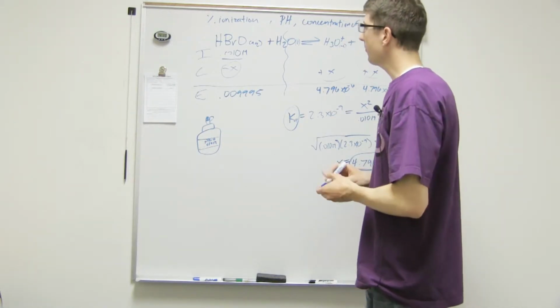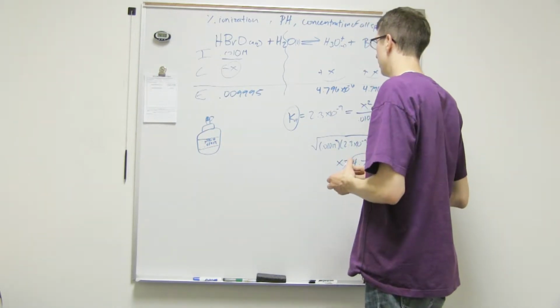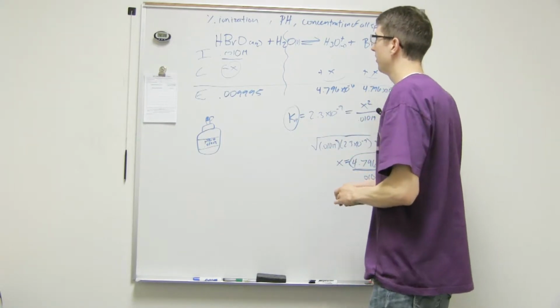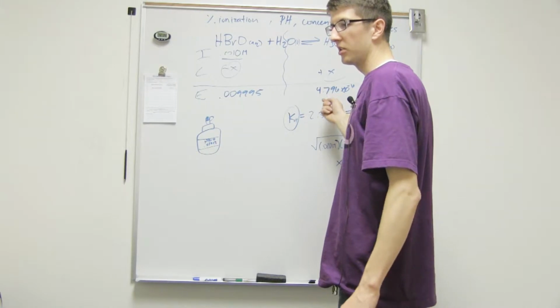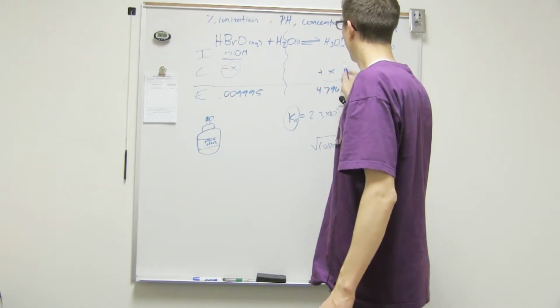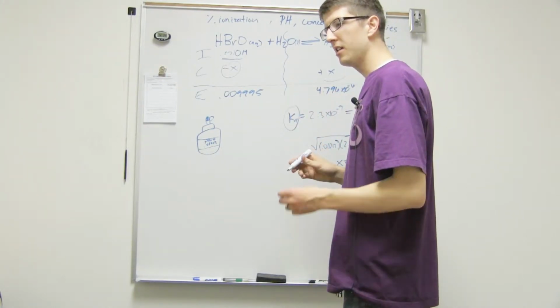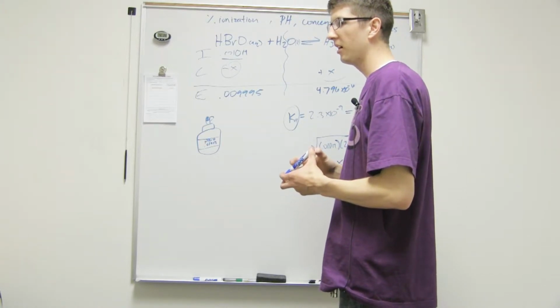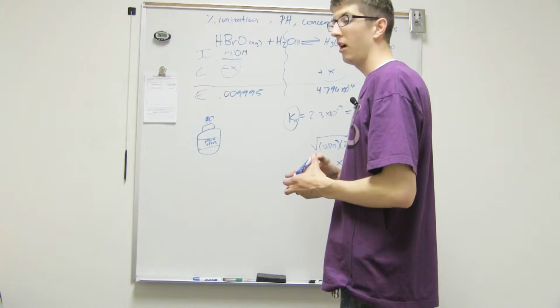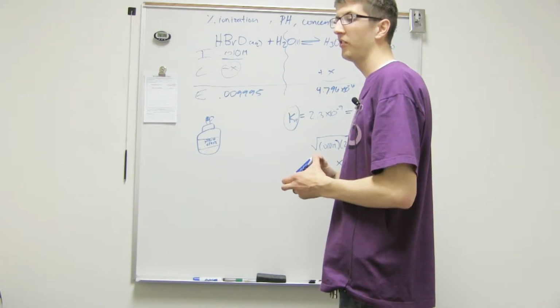So at this point, we have a really tiny amount of dissociation. But in water, is there already, and this isn't a trick question, is there already hydronium or hydroxide? Yes. How much at 25 degrees Celsius?